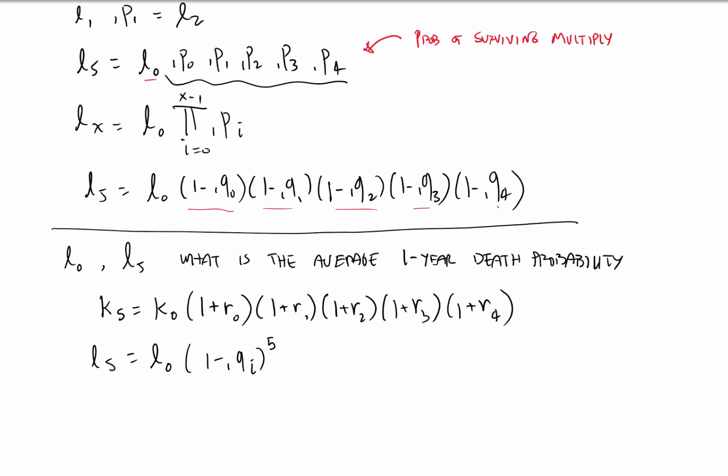It's because later on we're going to use exactly the same technique to find the average growth rate for any 1 year period from a series of 5 year rates. And just like for the average growth rate, we did not need to know all of the individual growth rates. All we needed to know was the starting point, the ending point, and the number of years in between. In the same way, if we knew what L0 and L5 were, and we knew how many years in between, then we can calculate what that average single year death probability was.